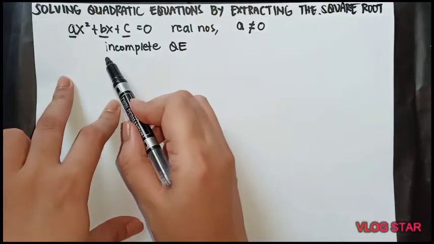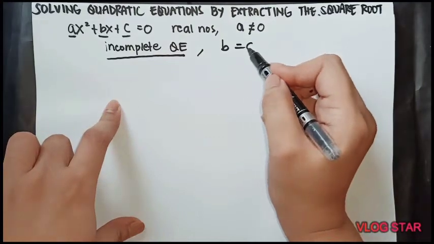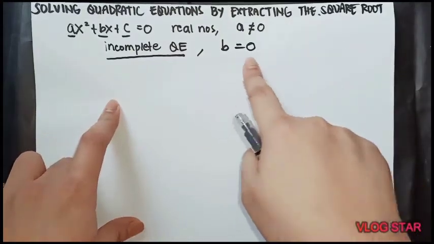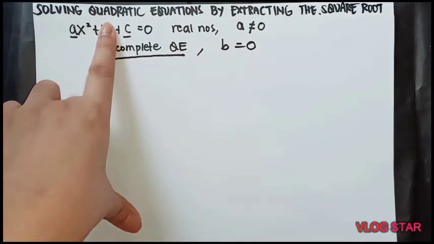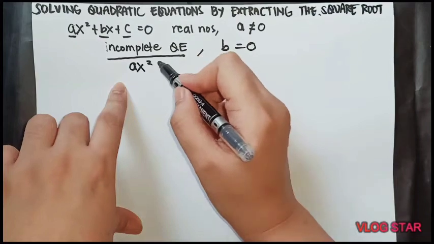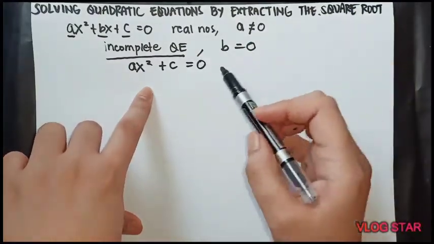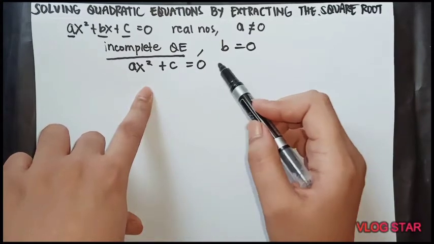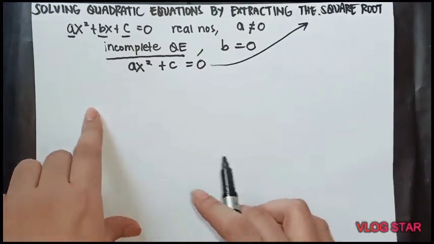When we say incomplete quadratic equation, b here is equal to 0. So if b is equal to 0, this term will become equal to 0, and what will be left is ax squared plus c equals 0. And if this is the equation, the best method to use is extracting the square root.